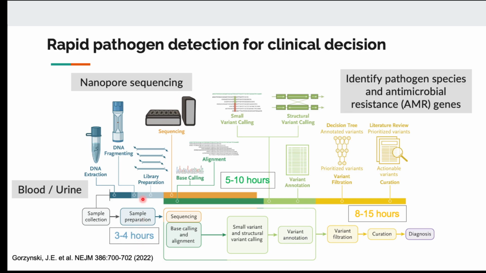Within 3 or 4 hours, you can process the sample and run it through the nanopore. Within 5 to 10 hours, you can have the variant annotation. You can have the genes detected. And within half a day, you can inform the clinician which antibiotics should be used, appropriate for the pathogen species and the antimicrobial resistance genes found in the sample.